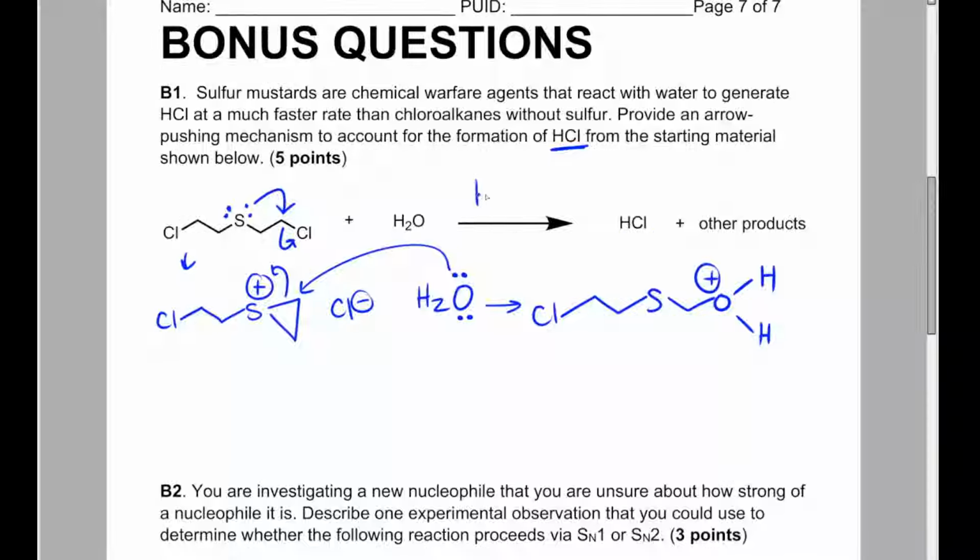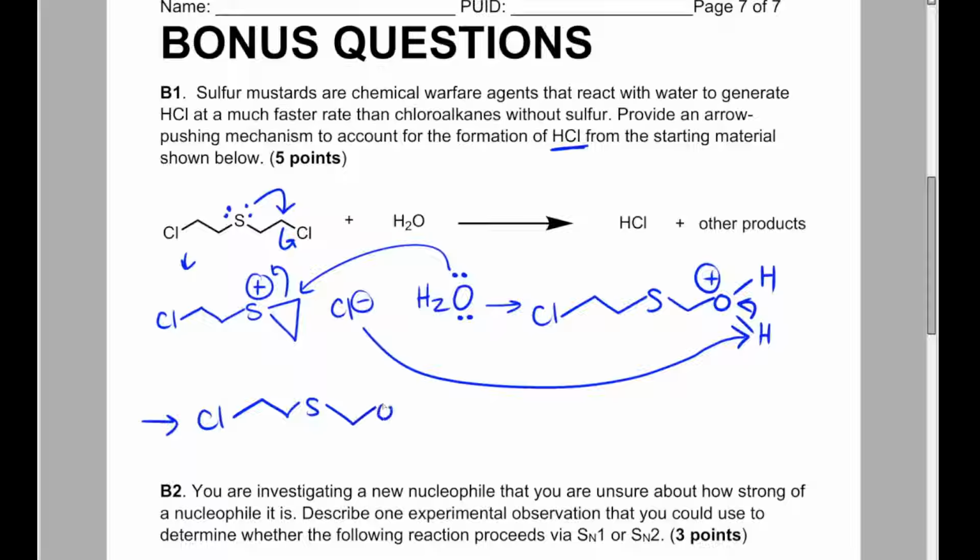We're not trying to form H3O plus, which I guess we could form if we took another water molecule and used it as a base to accept one of these hydrogens. But we're looking specifically for HCl, so we're not going to use another water molecule. We're just going to use this Cl minus leaving group that we got earlier, and it's going to act as a base and accept one of these hydrogen atoms, which will break the bond between the oxygen and the hydrogen and neutralize it into an alcohol.